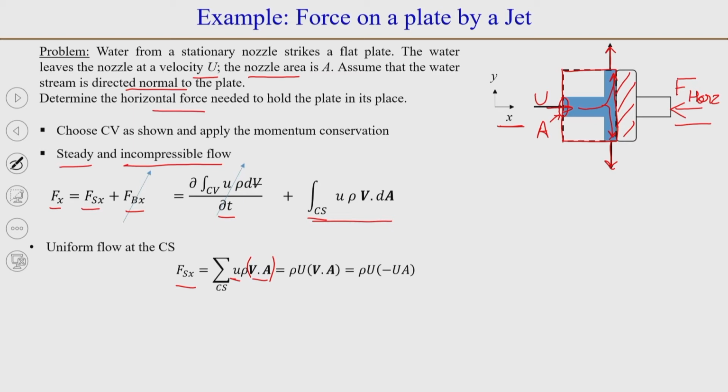In this control volume, the flow comes in with velocity u. There is only one surface on this control surface at the x plane where you have the non-zero velocity in the u direction.